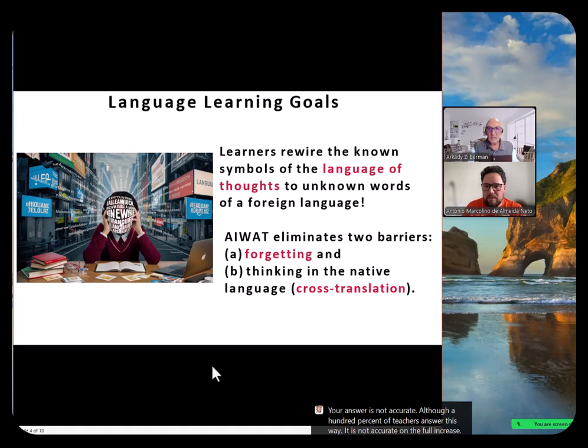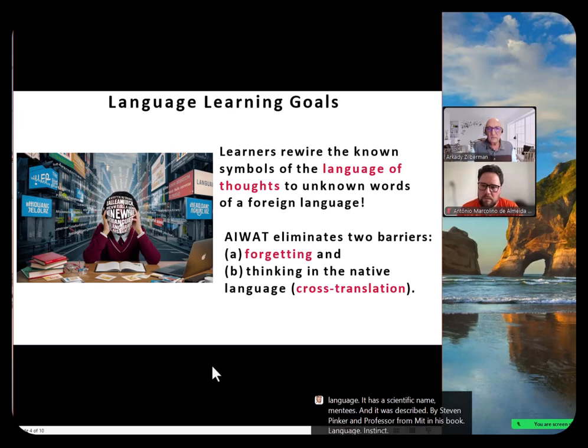Irrespective of how many languages we speak fluently, we think in one language. That language is called the language of thoughts. It has a scientific name, mentalese, and it was described by Steven Pinker, a professor from MIT, in his book, Language Instinct.